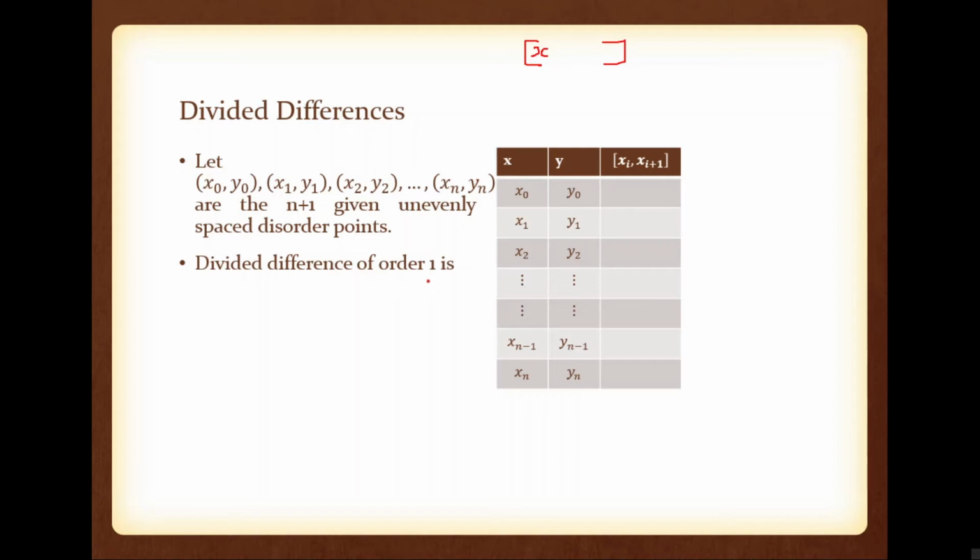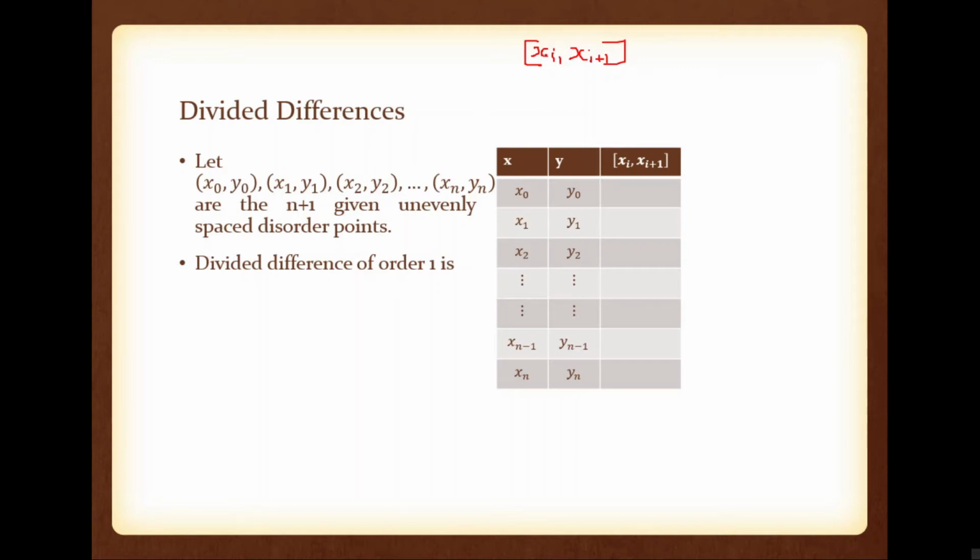Now the order of that divided difference can be identified by the number of elements written inside that square bracket. If it is a divided difference of order 1, then inside the square bracket we have two adjacent elements. Please note, for the time being, the given data are not evenly spaced, that is, unevenly spaced, and they are not carrying any order, so they are disordered points.